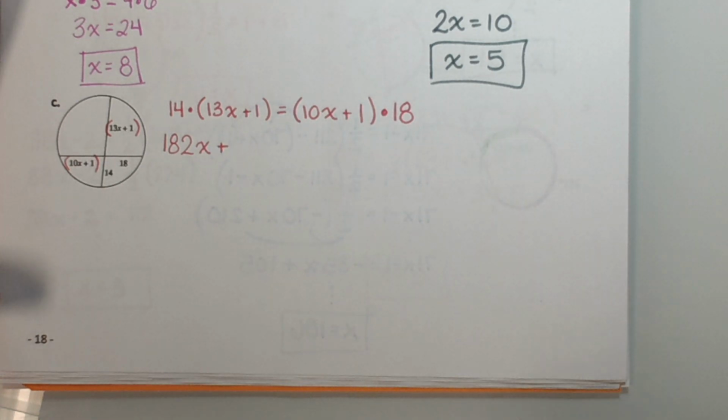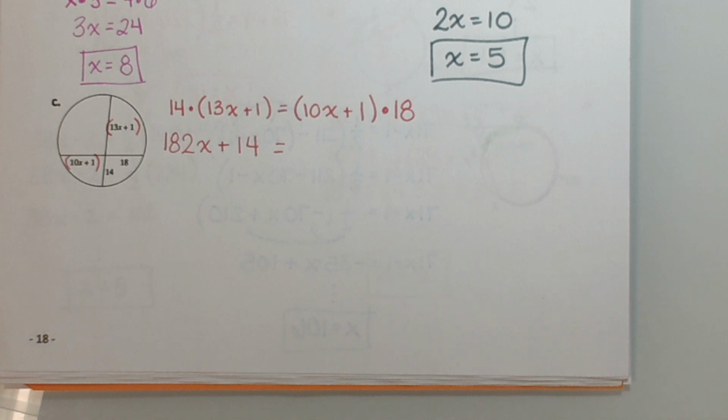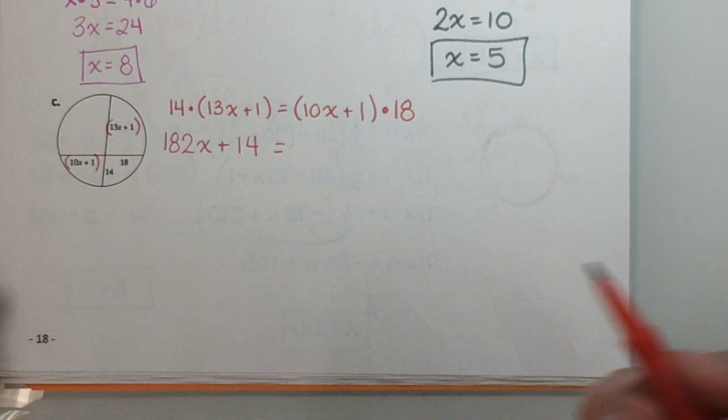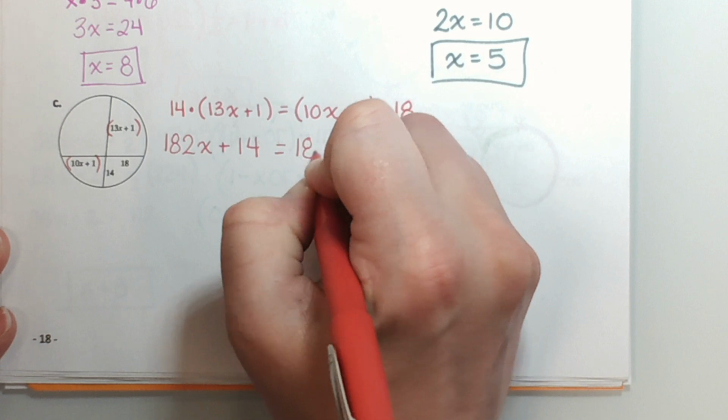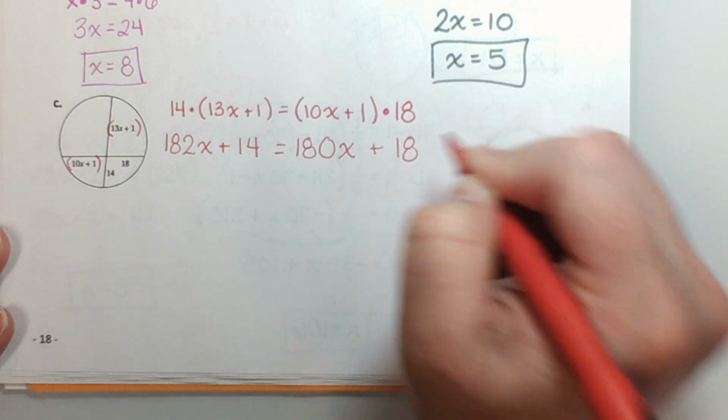I'm sorry, plus what? Beautiful. Bijou, what do we get when we distribute on the right side? Not 180 times 18, 180x plus 18. Good. Don't forget your x's.